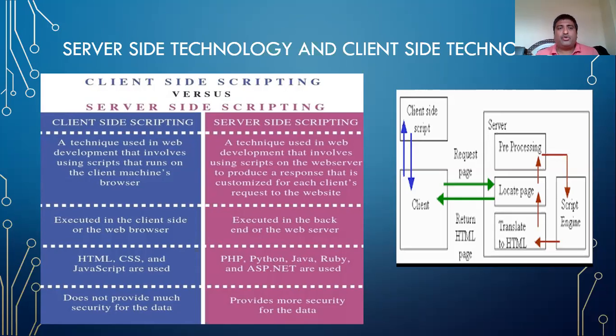So client-side technology runs on a client machine, and server-side technology runs on the server. HTML, CSS, and JavaScript are used to create client-side scripting. PHP, Python, Java, Ruby, and ASP.NET are used for server-side scripting.